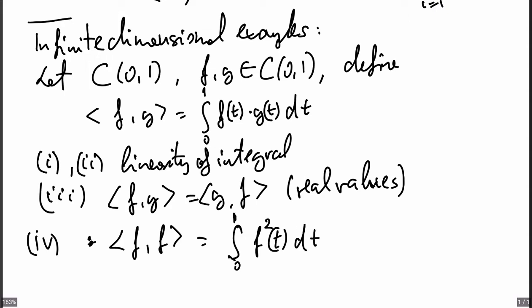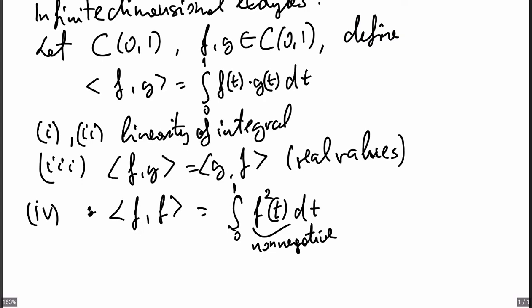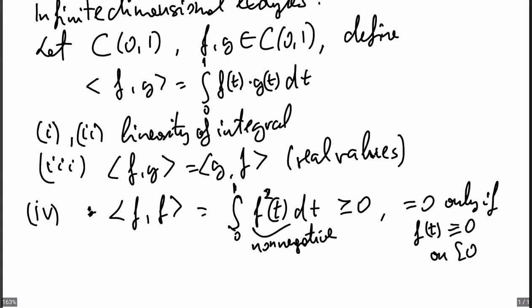And what we have from basic calculus 2 or end of calculus 1 is that this is a non-negative function when you square the values of real numbers. So that means that this is greater than or equal to 0 and equal to 0 only if f is identically 0 on the 0, 1 interval.